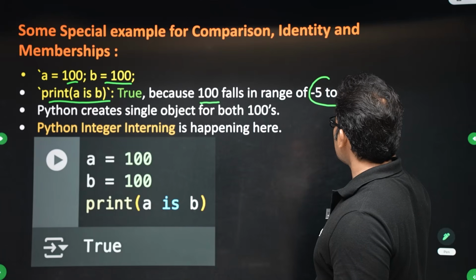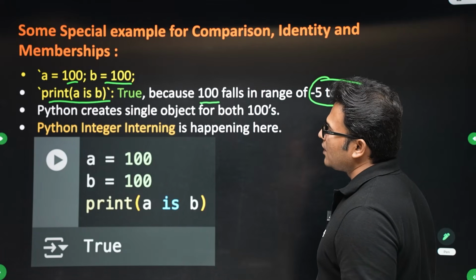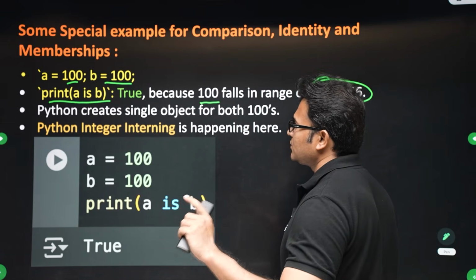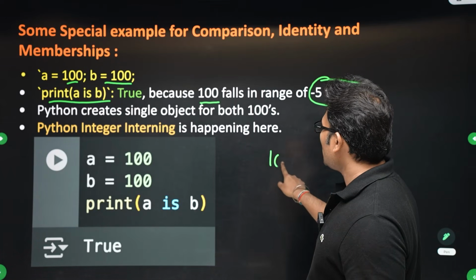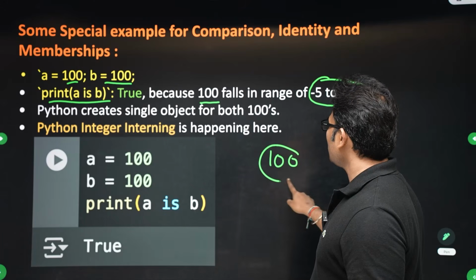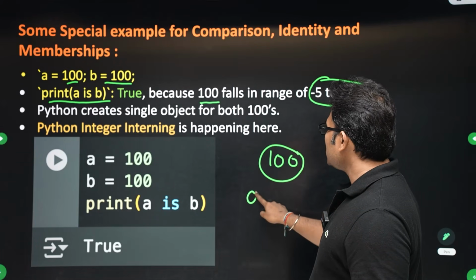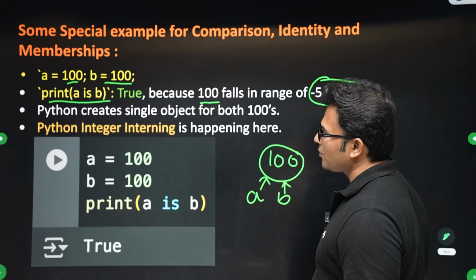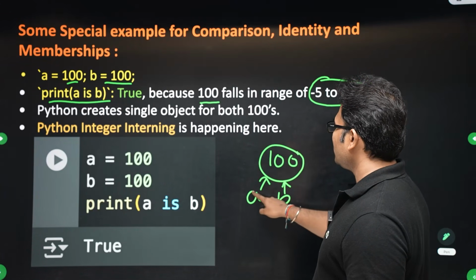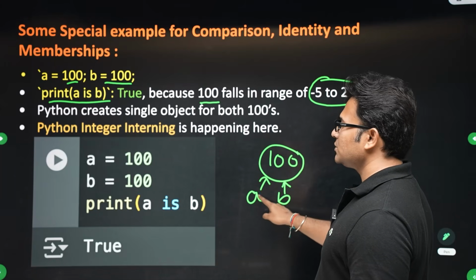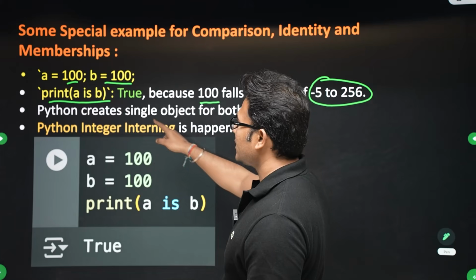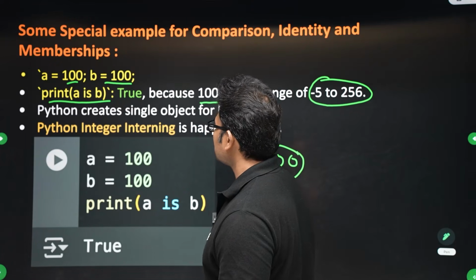Therefore interning will happen. When interning happens, only one object will be created for 100, and both A as well as B will be pointing to the same object. And when the question is whether A is B, which means whether A and B are same objects, it will say yes, A and B are the same objects.